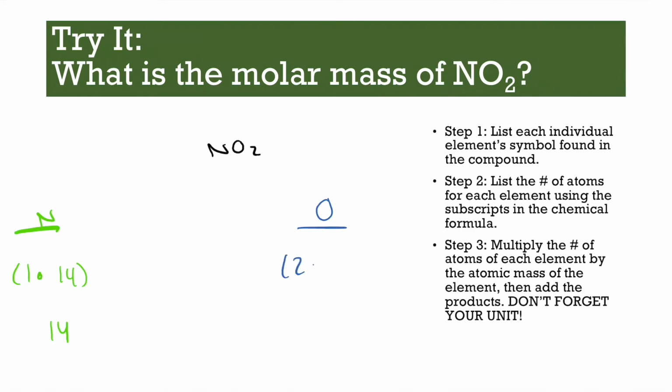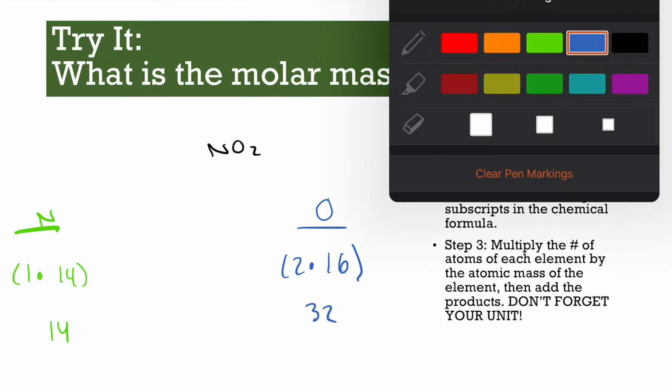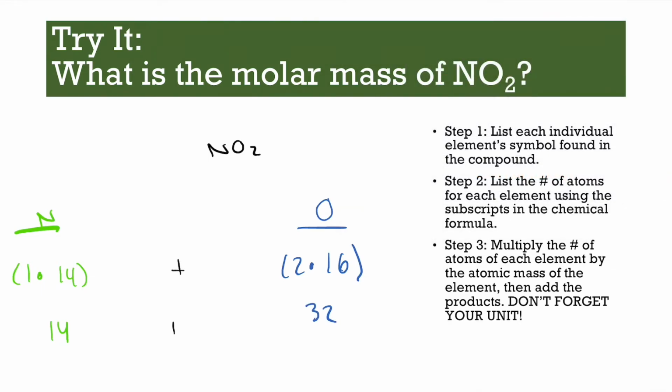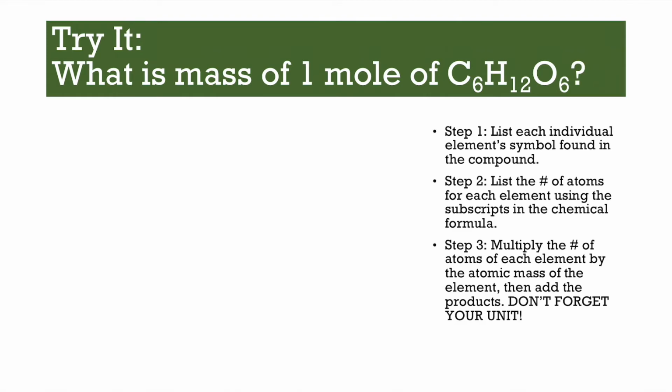With O, we have 2 of them. O to the nearest whole number is 16. 2 times 16 is 32. So now we found each part. Add them together. 14 plus 32 gives you 46 grams per mole. So 1 mole of NO2 is 46 grams. And that is it.